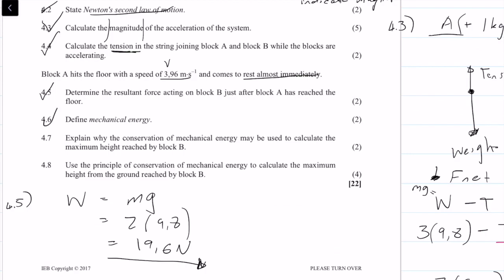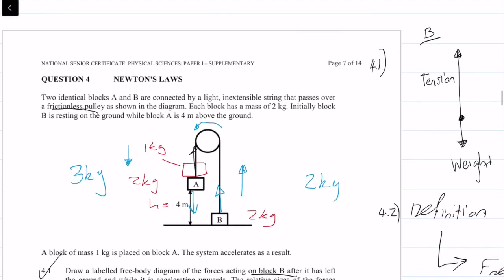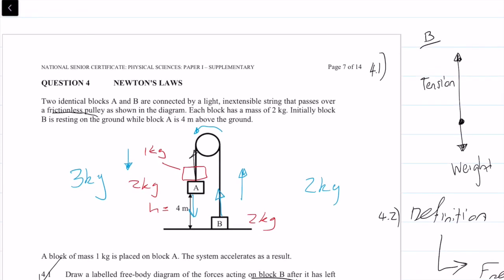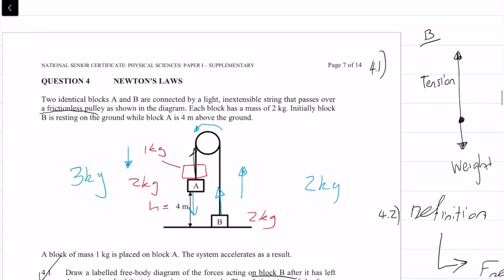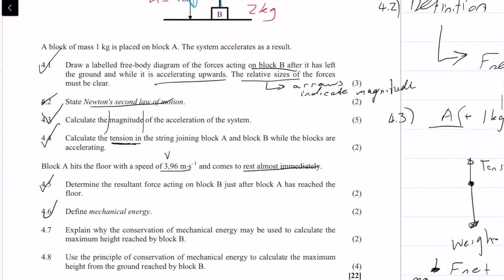Okay, so question 4.7 is a bit of an explanation. It says, explain why the conservation of mechanical energy may be used to calculate the maximum height reached by block B. So explain why we can use conservation of mechanical energy. Because it is a frictionless pulley and we're going to assume that there's no air resistance or friction or any of that.